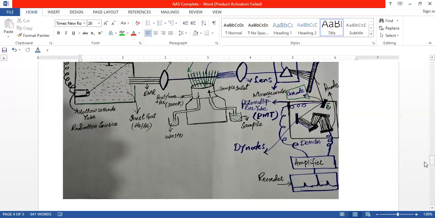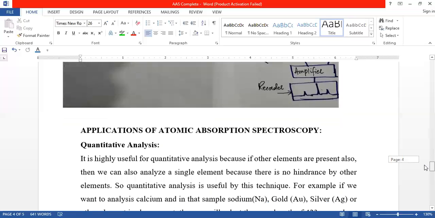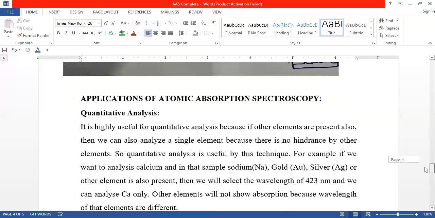Now coming to the next part, that is applications of atomic absorption spectroscopy. Atomic absorption spectroscopy is used for quantitative analysis. There are two types of analysis. First one is qualitative analysis, and second one is quantitative analysis. We have already discussed in our previous lectures what is qualitative analysis and what is quantitative analysis.